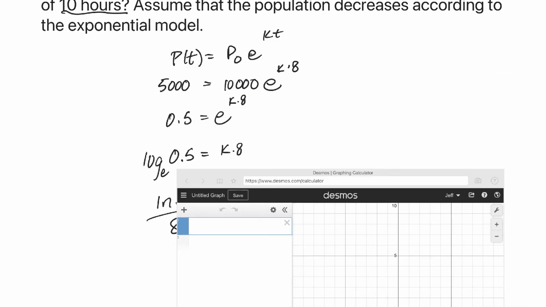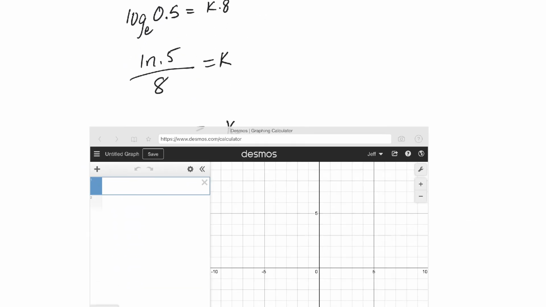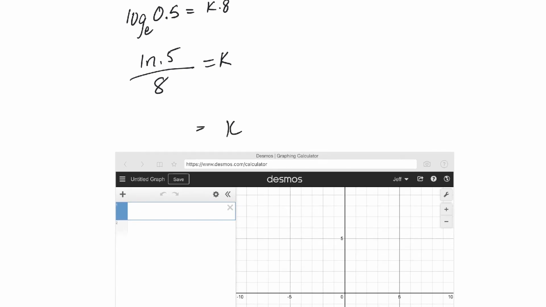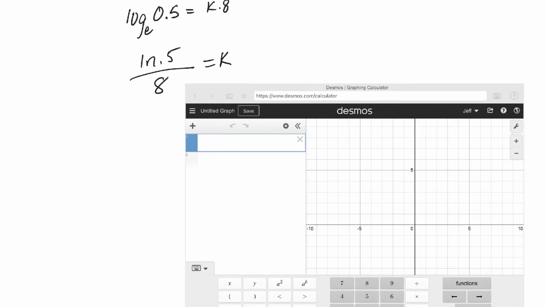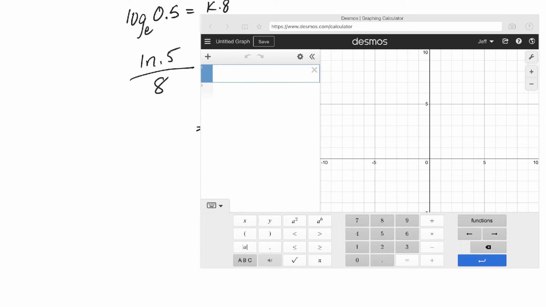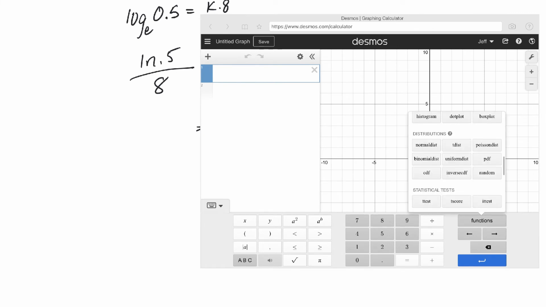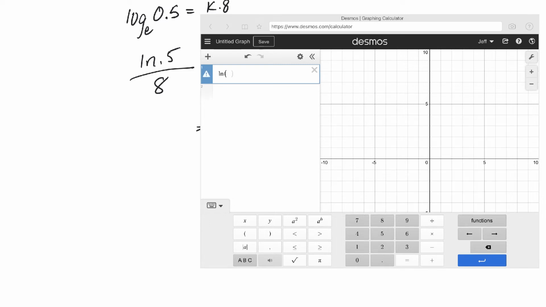Let me get my decimals here working. Ln of 0.5, bracket, divided by 8.